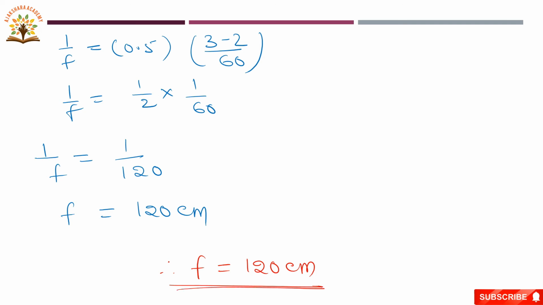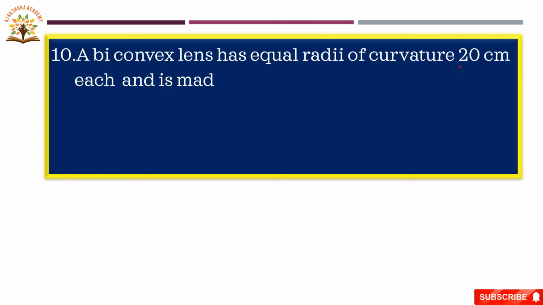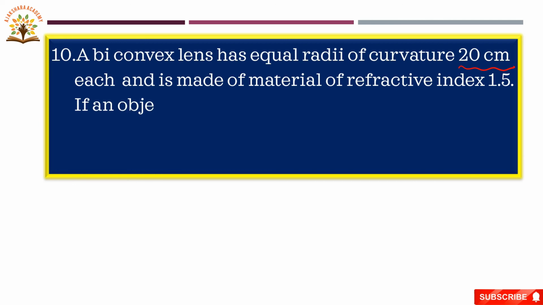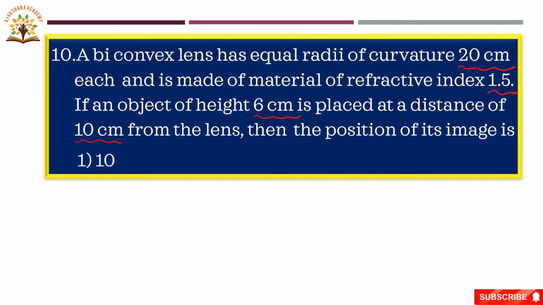Okay. Next we will go to the next question. A biconvex lens has equal radii of curvature, 20 centimeter each, and is made of material of refractive index 1.5. If an object of height 6 centimeters is placed at a distance of 10 centimeters from the lens, then the position of its image is, here we have to calculate the position of the image.